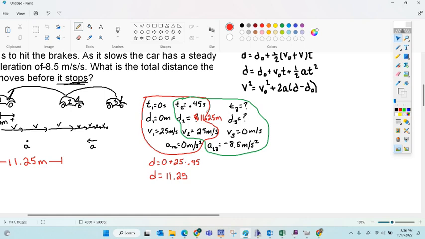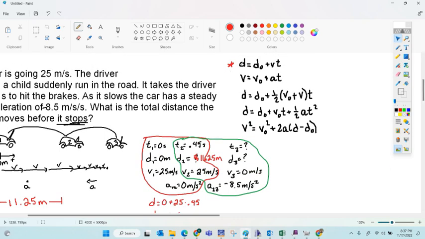Because it's starting at 11.25 and moving forward from there, we are going to find the position where it is at the end. For this phase of the problem, the acceleration is no longer 0, so we can't use this expression for this phase.